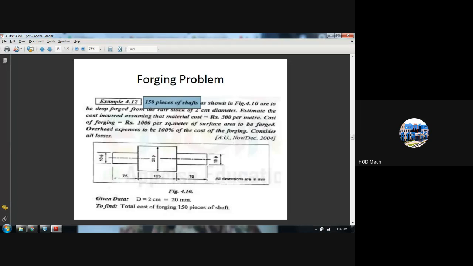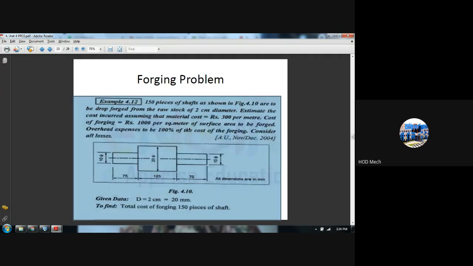So obviously the final question will be: what is the cost involved for forging to manufacture these 150 shafts? Now what type of forging is it? The problem says it is a drop forge. And what is the material? Raw stock of 2 centimeter diameter. Unit is very important. The raw material given to you is 2 centimeter in diameter. It is not in mm, it is in centimeter.